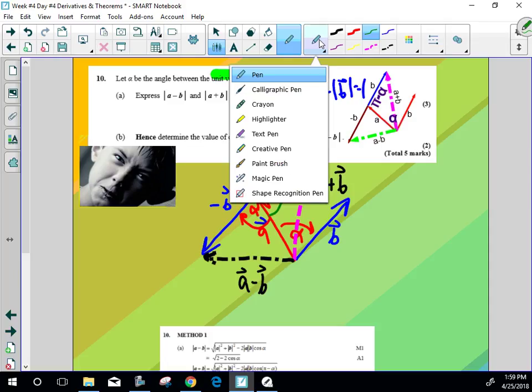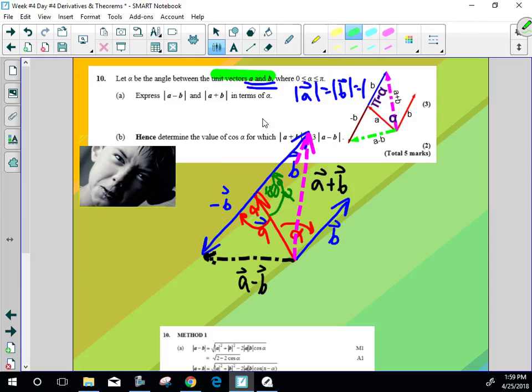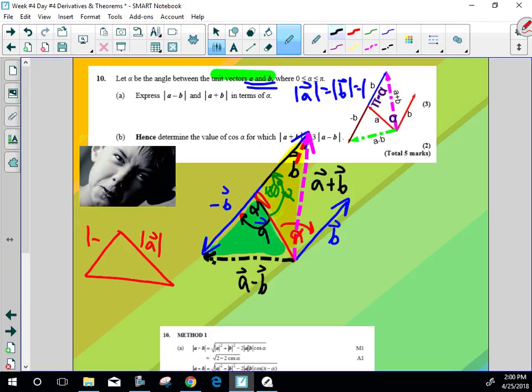So now I'm going to highlight this triangle right here. It's not great, but you can see the second triangle. I'm going to draw these two triangles. This first one has magnitude of A and magnitude of negative B and magnitude of A minus B, and then there's an alpha in between.